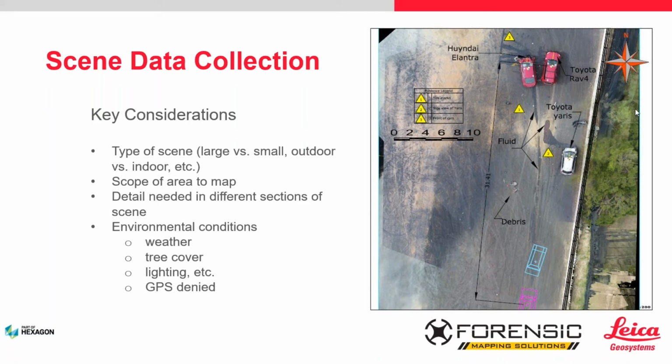But if you had a situation where you also had access to a laser scanner, you could fly the scene for the large area, and then you could scan the area of impact and rest where you need more detail, and then you could combine those two scans together if you want to work in a 3D environment. And if you're in a 2D environment, that orthomosaic image is going to take care of what you need to do. And obviously the drone, and we'll get to it shortly, is going to give you a faster processing time.